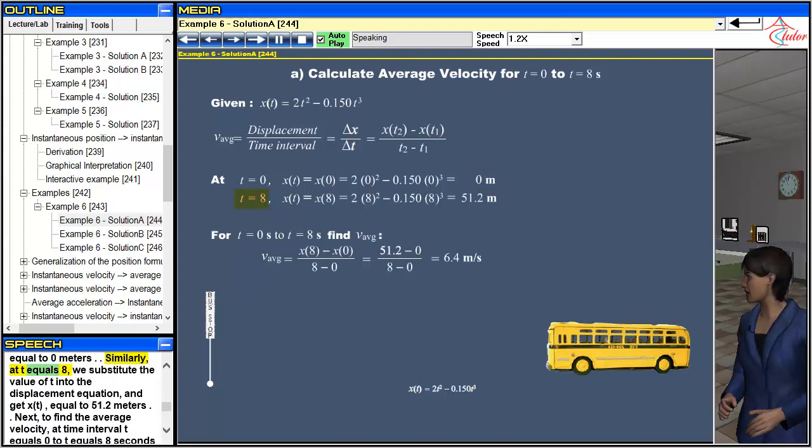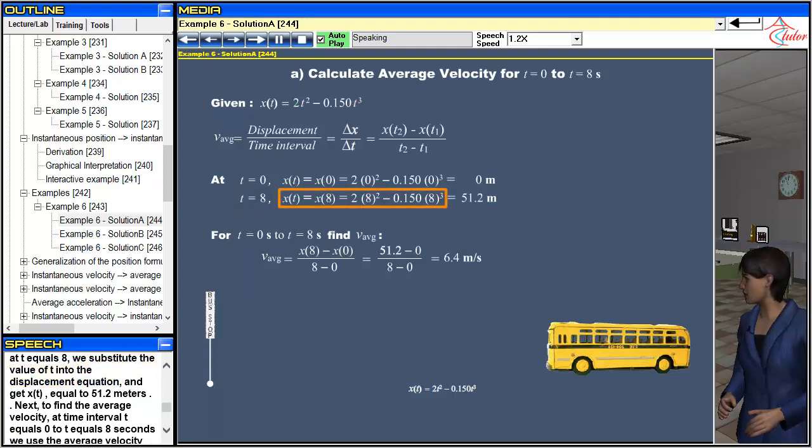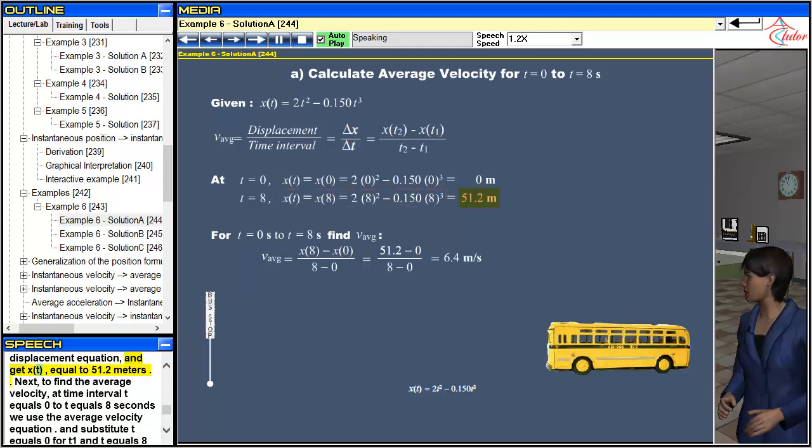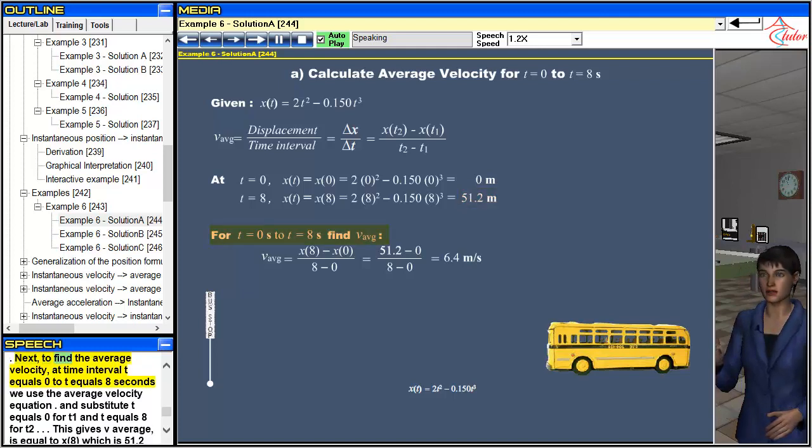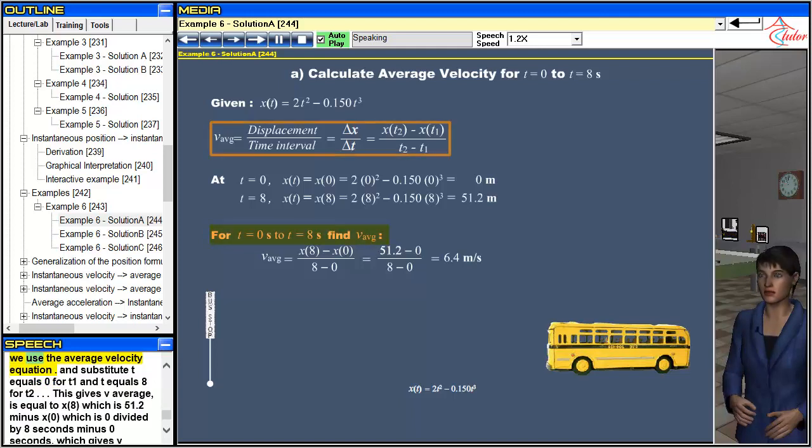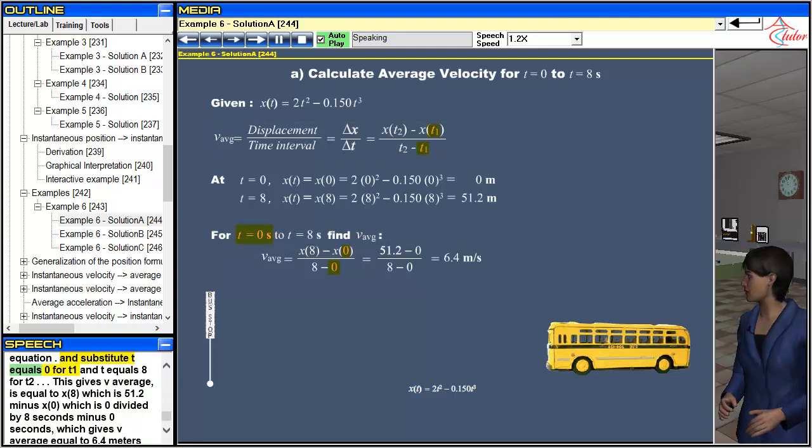Similarly, at t equals 8, we substitute the value of t into the displacement equation and get x of t equal to 51.2 meters. Next, to find the average velocity at time interval t equals 0 to t equals 8 seconds, we use the average velocity equation and substitute t equals 0 for t1 and t equals 8 for t2.